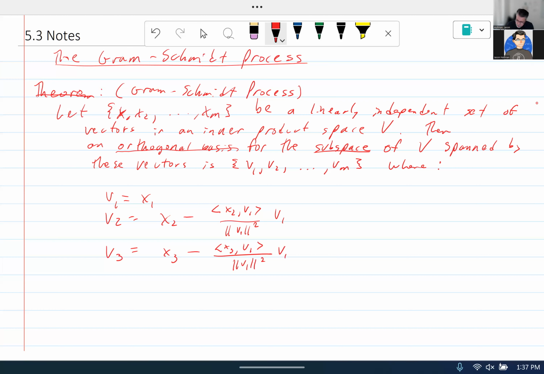So that's very similar to the second term of v2, but then we end up with a third term where we're taking the inner product of x3 with v2, because we have two values that we can work with, from the previous one, all over the norm of v2 squared times v2, okay?